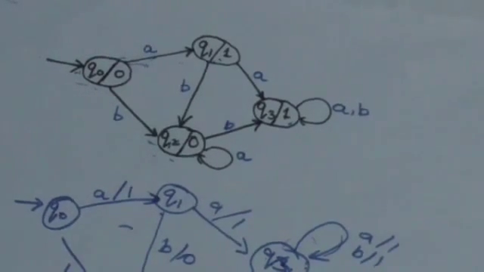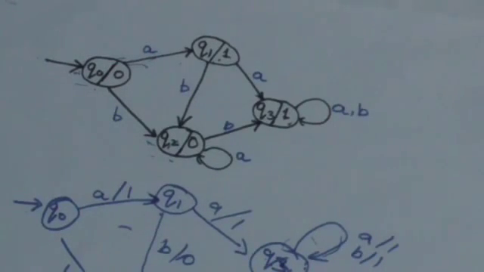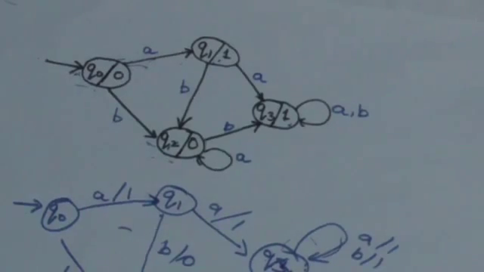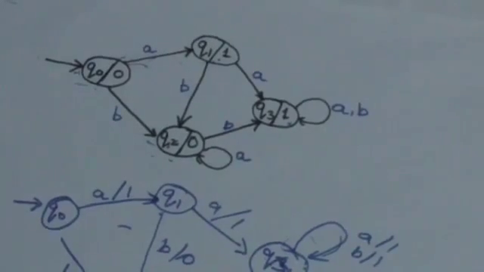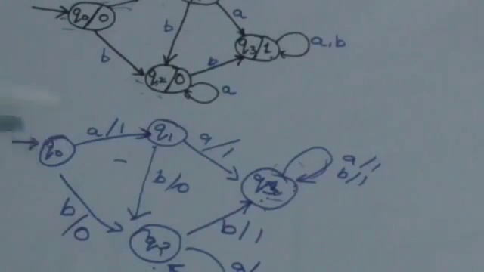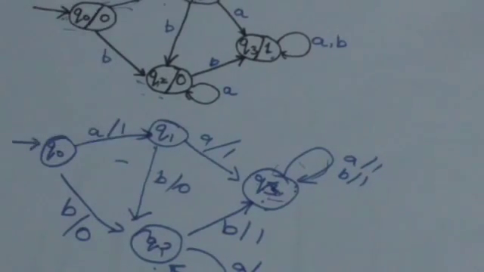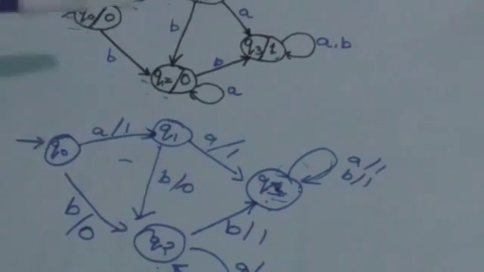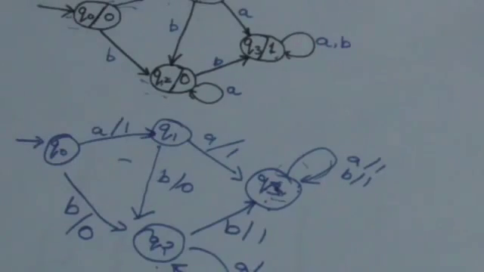In Moore machine, output is associated with state. So when machine starts, it automatically gives an output which is associated with present state. But in Mealy machine, outputs are associated with transitions. So they give output when machine jumps from one state to another.